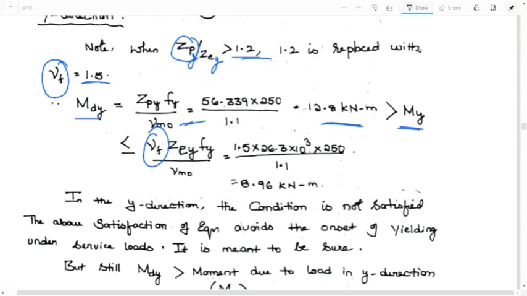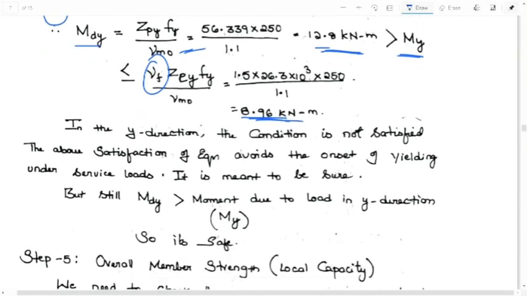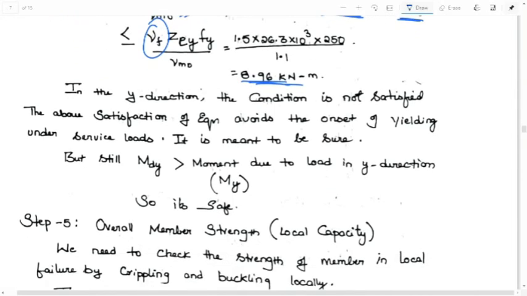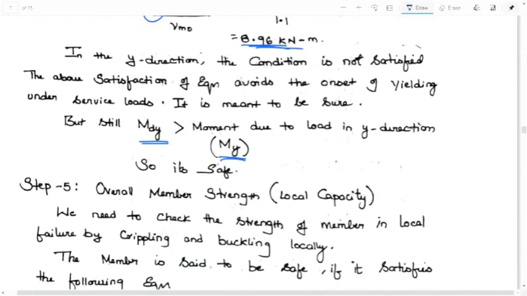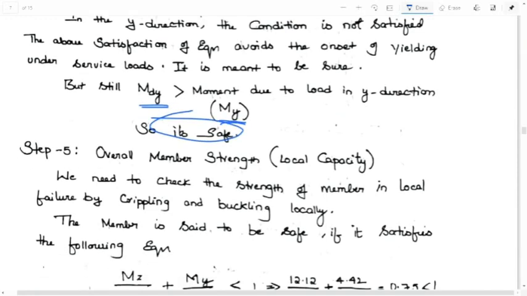My value is very much less, and you know this value should be less than or equal to, but of course it is not satisfying. As I told you, that's not compulsory, but MDY should be greater than My. That has to be. Yes, it is satisfying that case, so it is safe.